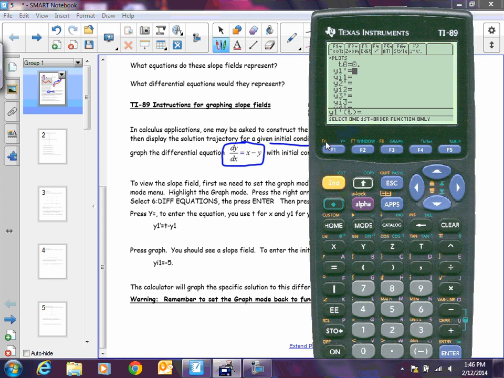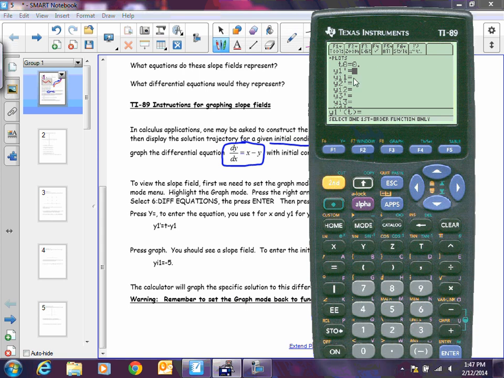Y equals is right up here, depending on whether you have 89 or 89 titanium, the colors are different, but you can figure that out on your calculator, just color code it. If yours doesn't look like this, that's because you didn't save that new mode. You've got to press enter 2 times, basically.